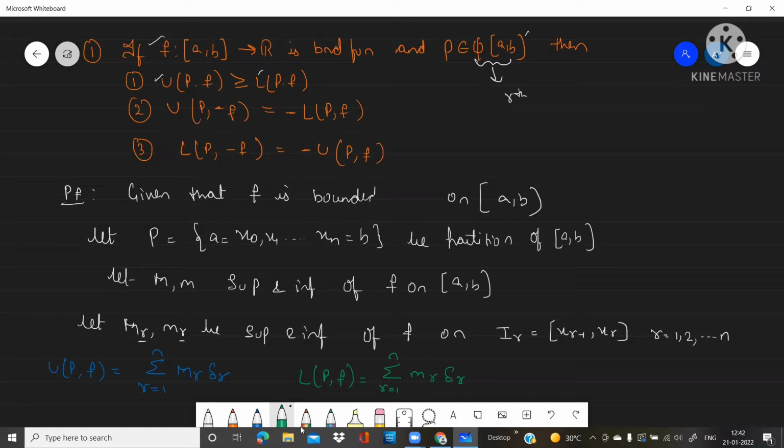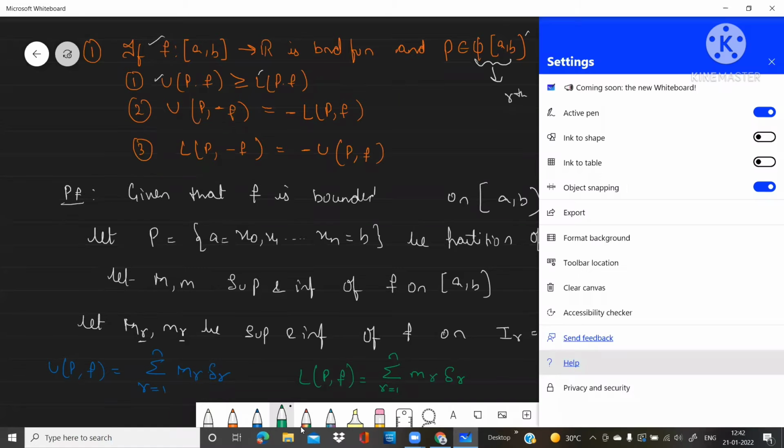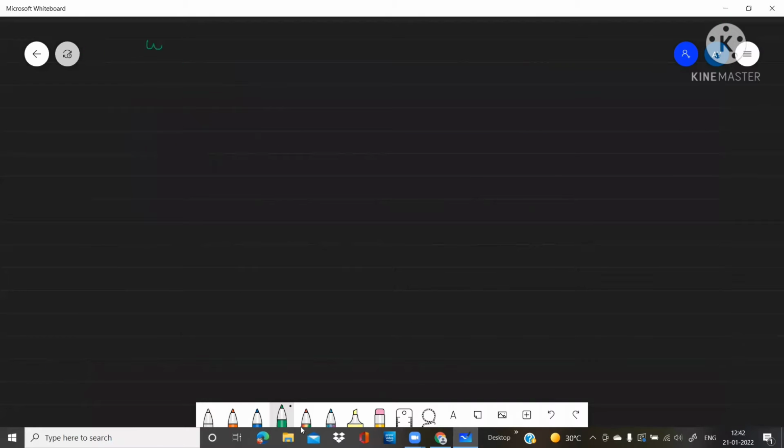And we know that capital Mr is greater than or equal to small mr for r = 1, 2, and so on up to n. Now we multiply delta r on both sides, so capital Mr into delta r is greater than or equal to small mr into delta r for r = 1, 2, up to n.